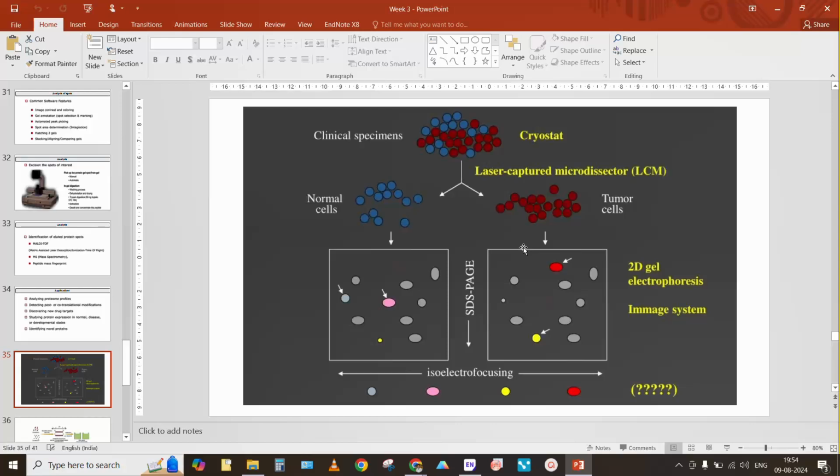These proteins may serve as cancer biomarkers or therapeutic targets. It also helps in studying heterogeneity within tumors by analyzing different regions of a tumor or comparing primary tumors with metastases.